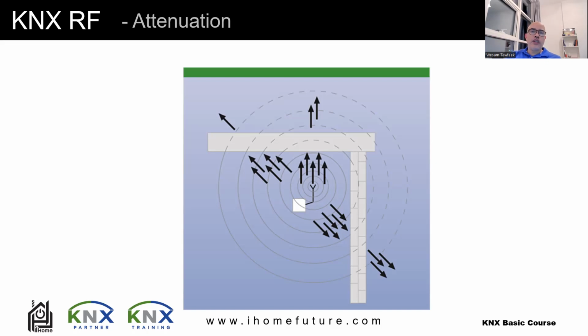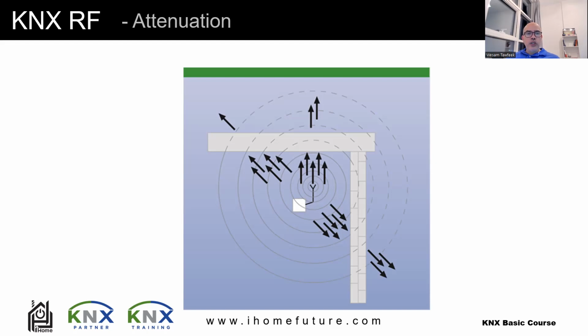It's not covering 100 meters because in real life I have walls, gypsum boards, grass, directions, and other obstacles that affect the signal and make its strength lower. Most of the time also, the RF devices are powered by battery, because there is no power there, so I cannot connect them using a KNX cable.